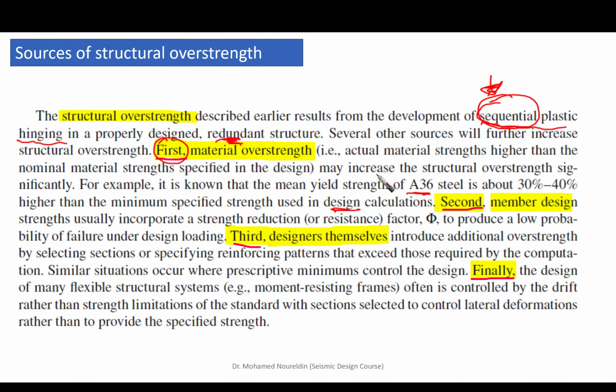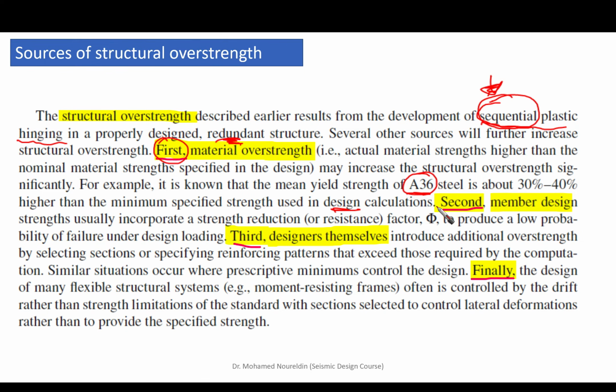So this means that the material itself, if we are using steel, is going to be stronger than what we have designed based on.